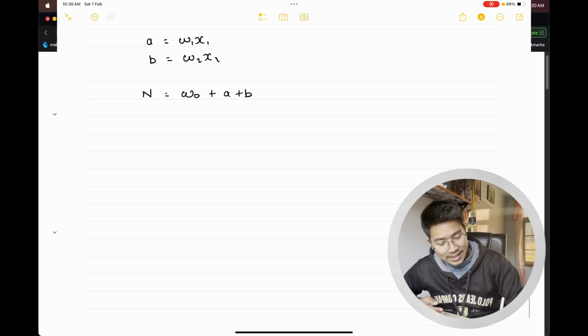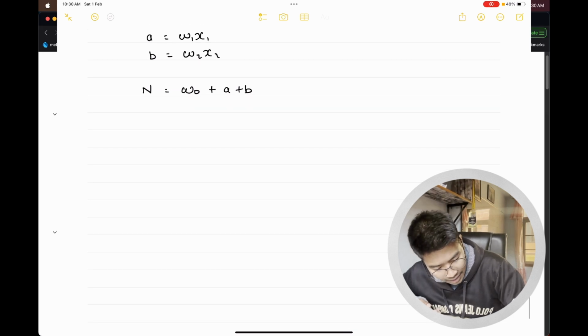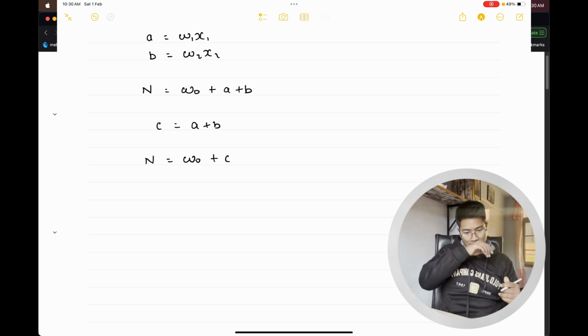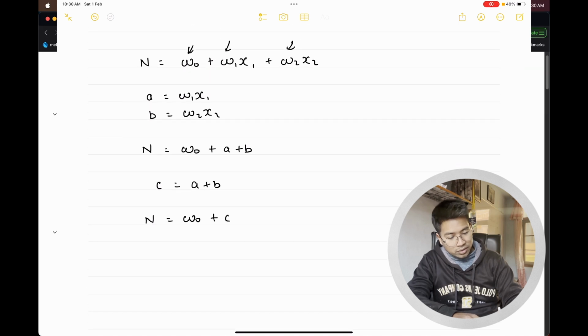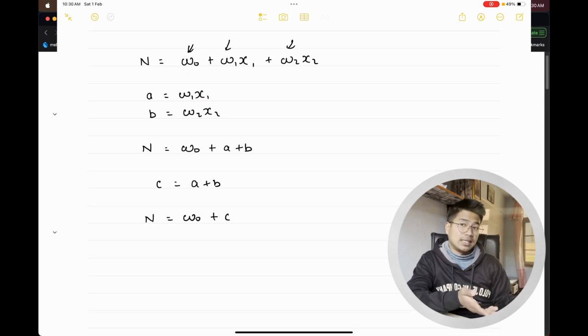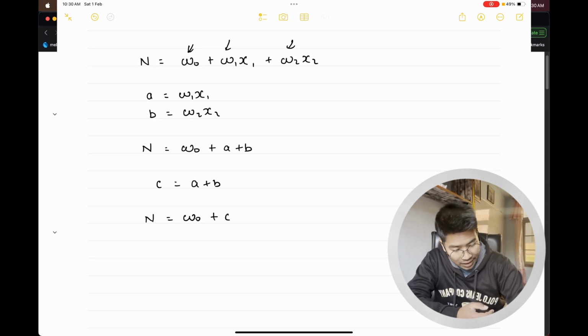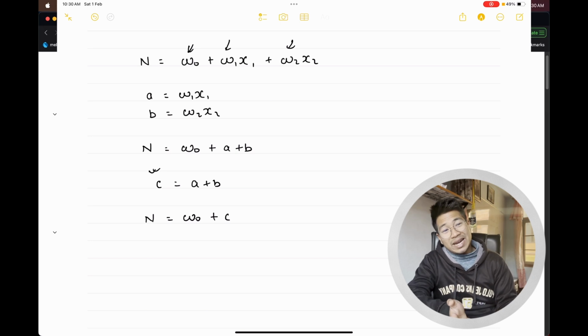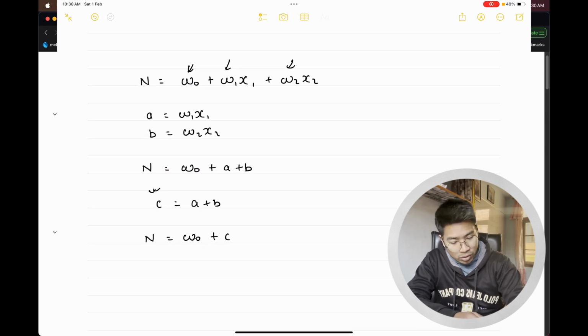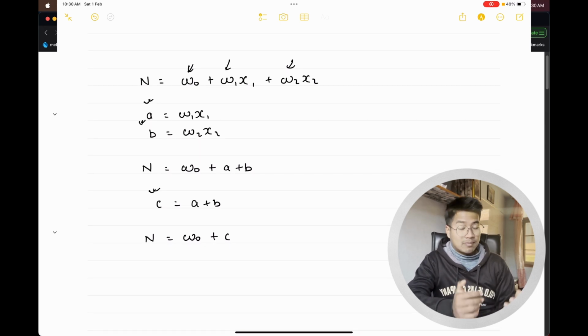You can simplify this even further, and say c is equal to a plus b. If you do that, your equation will now be reduced to this. So now to compute n, you just need that value of c. And computing c is relatively easy, it's just a simple addition. Computing a and b is also very easy, it's just a multiplication.